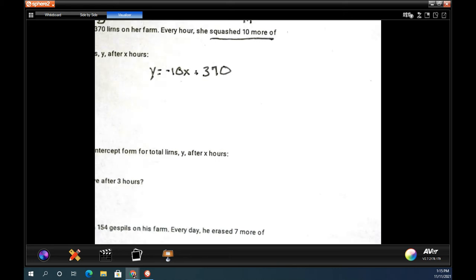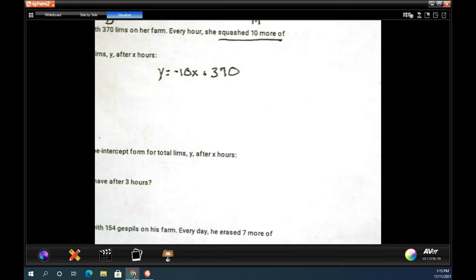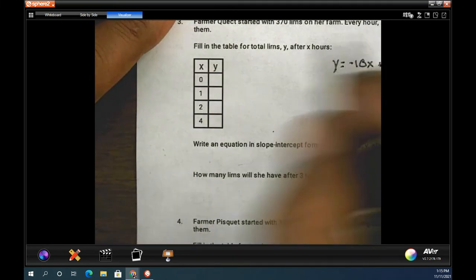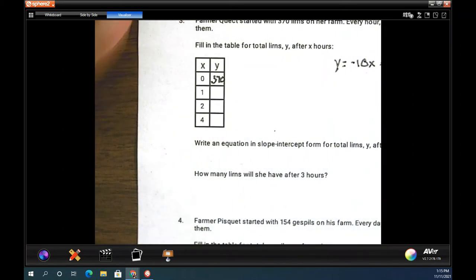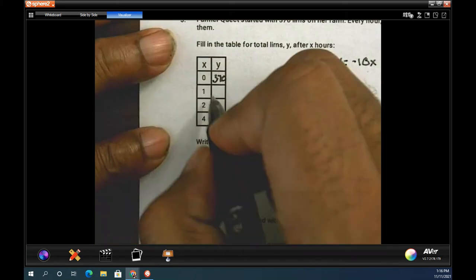Okay? Now, put that in your calculator. You already know this one. That's going to be 370. Put that equation into your calculator. Anybody find out after 1 hour how many she has left? How much? 360.